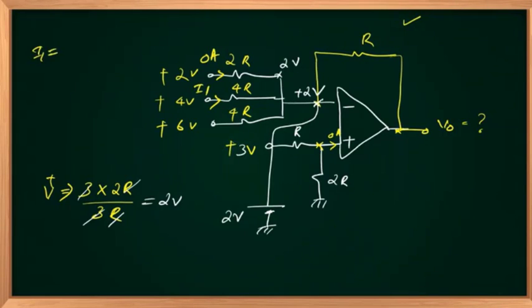I1 will be 4 minus 2 by 4R, 2 by 4R, that's equal to 1 by R. I2 equals 6 minus 2 by 4R, so 4 by 4R, 1 by R.